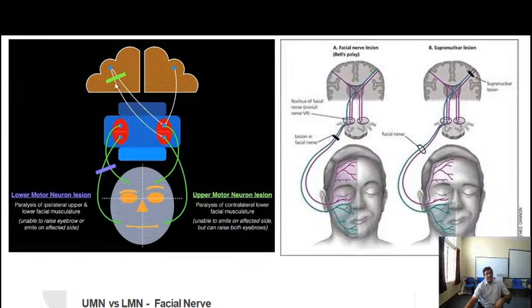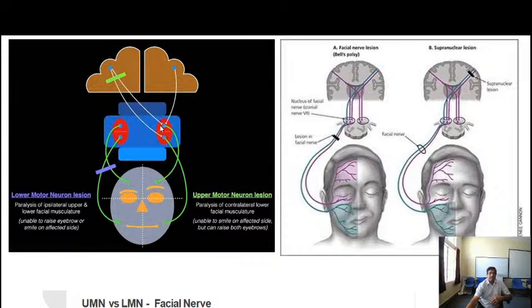The upper part of the facial nucleus receives signals from both lobes, whereas the lower part is represented only on one side.